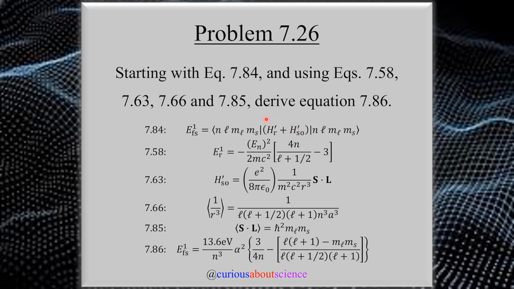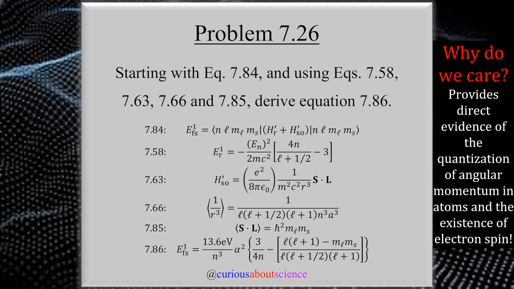So we're going to have the relativistic correction and the spin orbit coupling correction because both of them combined make the fine structure correction. And here we see the eigenvalue for the relativistic correction and we see the Hamiltonian for spin orbit. And of course, we're going to need equations 66 and 85, both of these to assess what's going on here in the Hamiltonian.